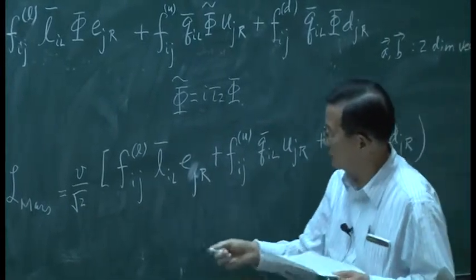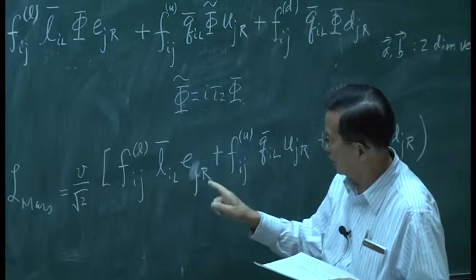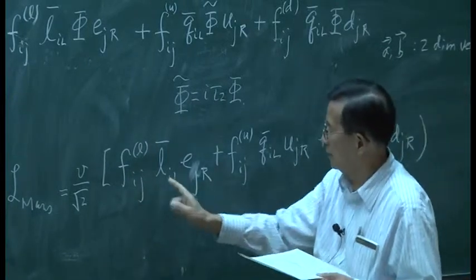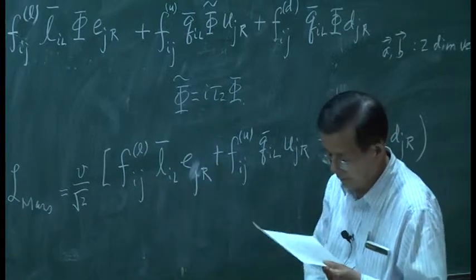So they look like mass terms because they're left-handed, right-handed, left-handed, right-handed. But they are not diagonal. It's I and J, okay?